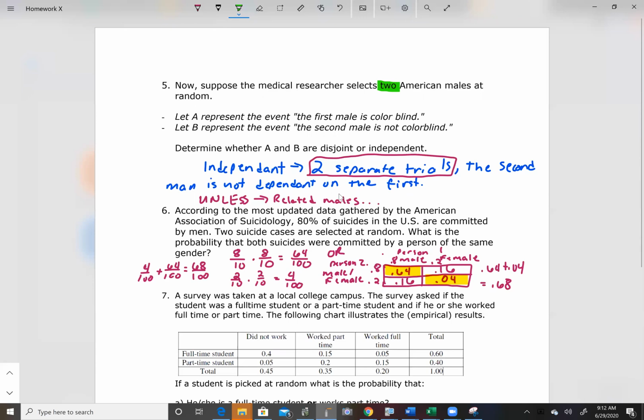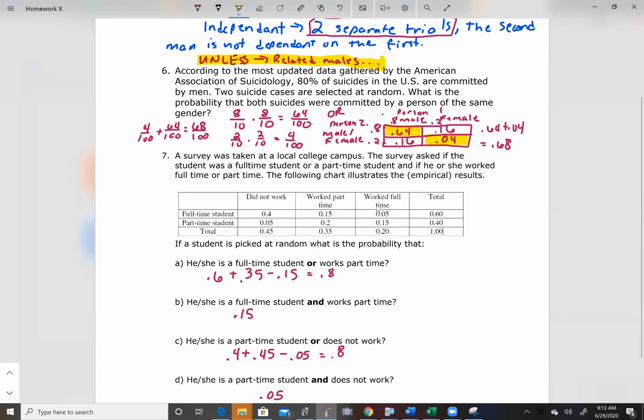It doesn't matter if the first male is colorblind, it has nothing to do with selecting a second male that is not colorblind. Although I did put the caveat down here that they would be dependent in some way if it was like a father-son or related males, but I do not think that is what they meant in this particular case.